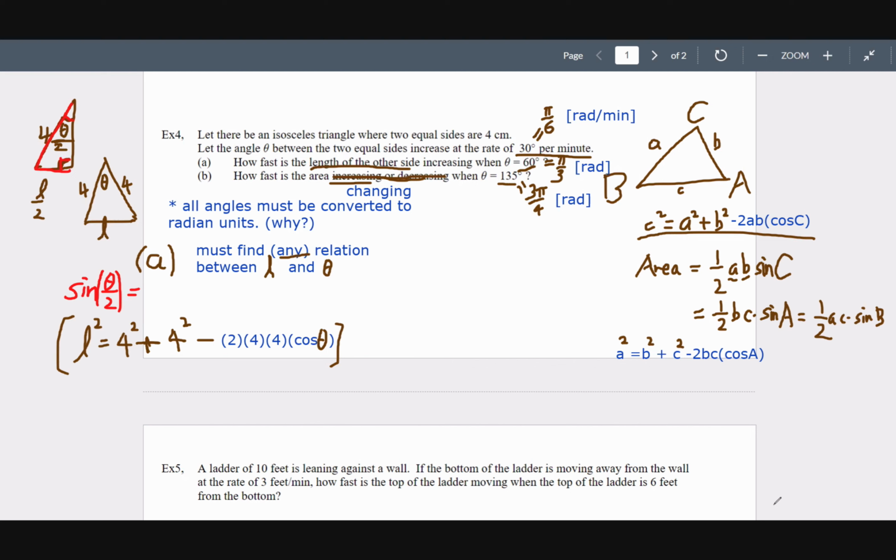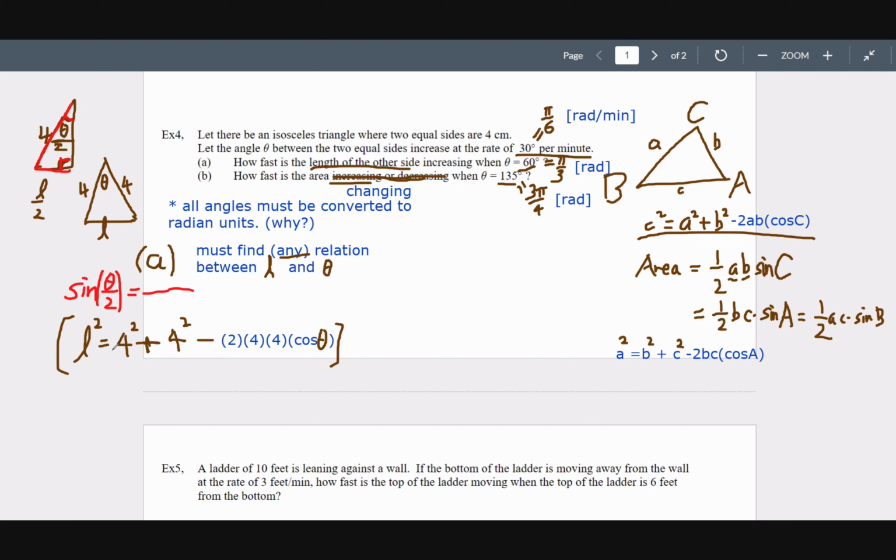Can anybody tell me what sine of theta over 2 is? Can you tell me? Class, are you all there? Yes. Okay.